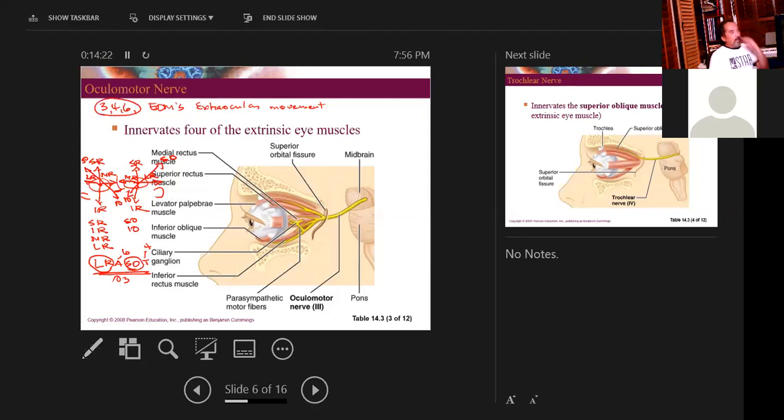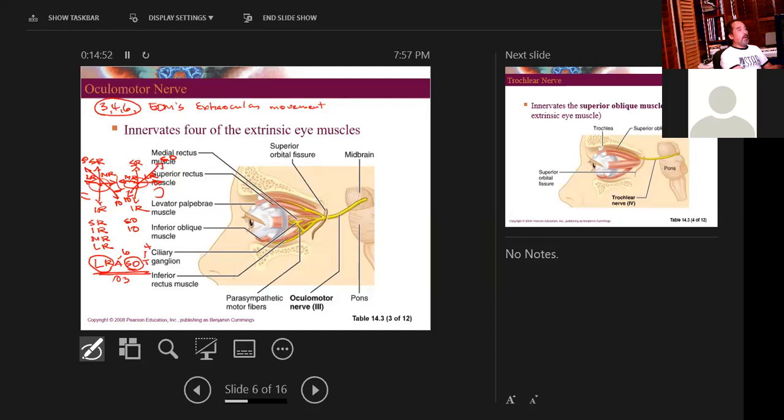So if I run it down, what is the cranial nerve that innervates the superior rectus? Superior rectus, SR. Nope, nope. Oculomotor. Inferior rectus. Not here. Not here. Oculomotor. Medial rectus. Not here. Not here. Oculomotor. Lateral rectus. Yes, lateral rectus is here. Abducens. Superior oblique. Superior oblique is here.